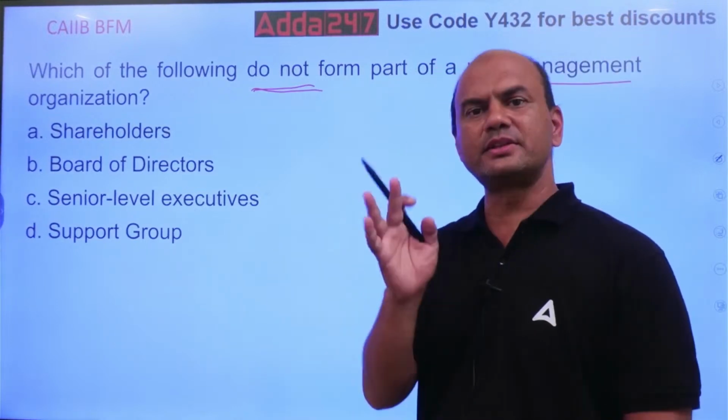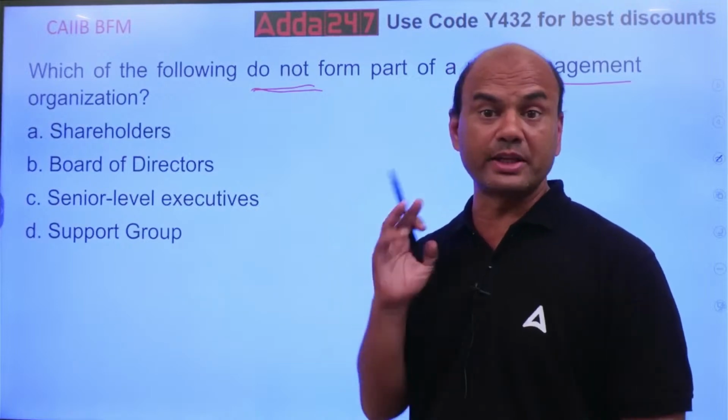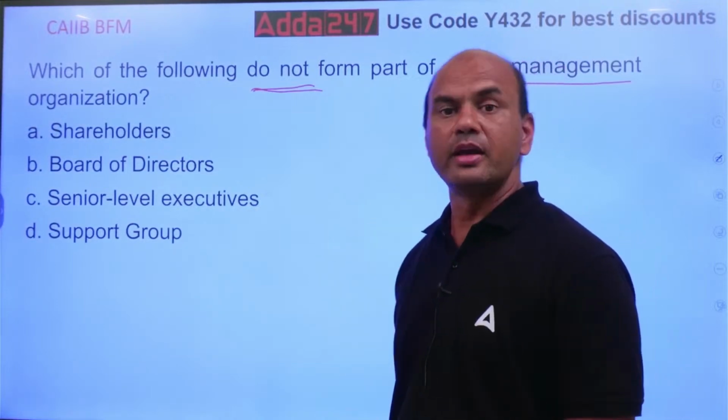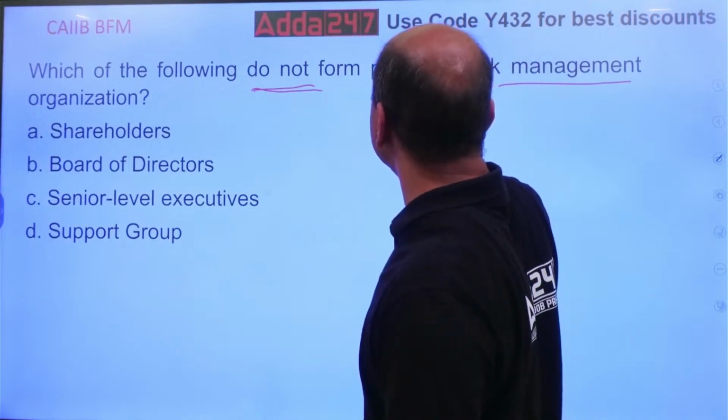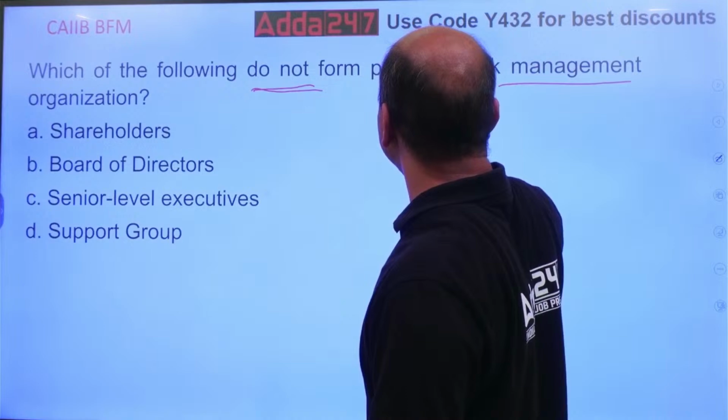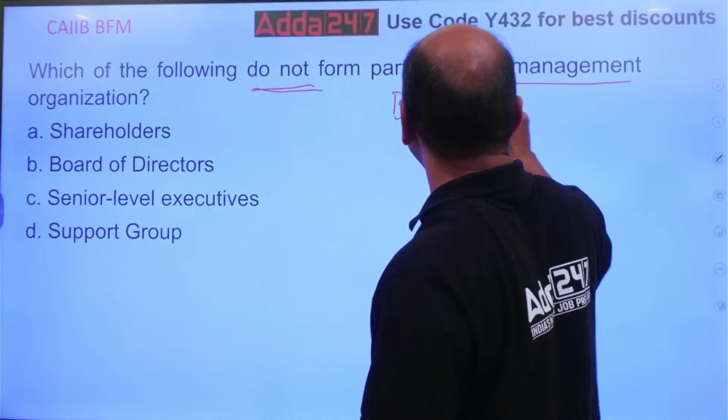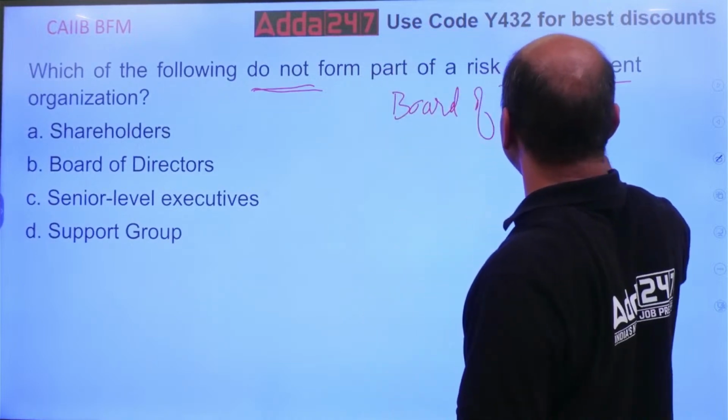Firstly, understand the risk management framework. What is the risk management framework? Under the risk management framework in any bank, first at the top is the board of directors. Everyone pay attention to this, very important one.